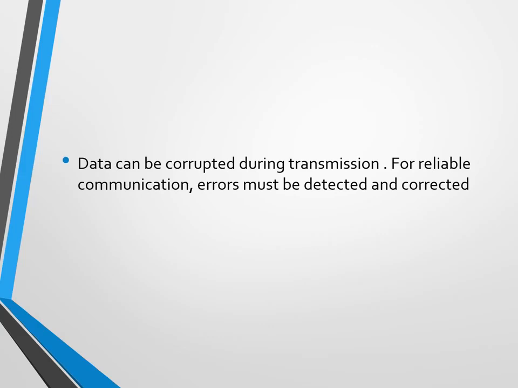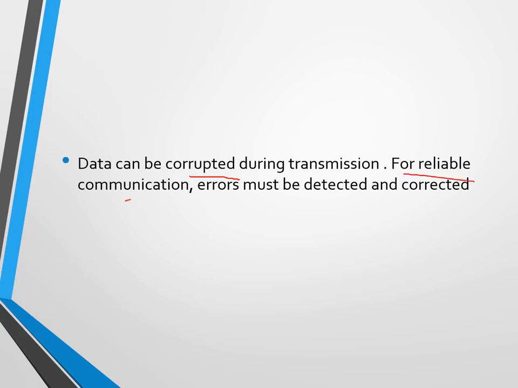During that transmission, we would like there to be no error, but error can occur. We cannot say that error will not happen. But if an error happens, what should we do? So, data can be corrupted. We all know that during the transmission, data can be corrupted.